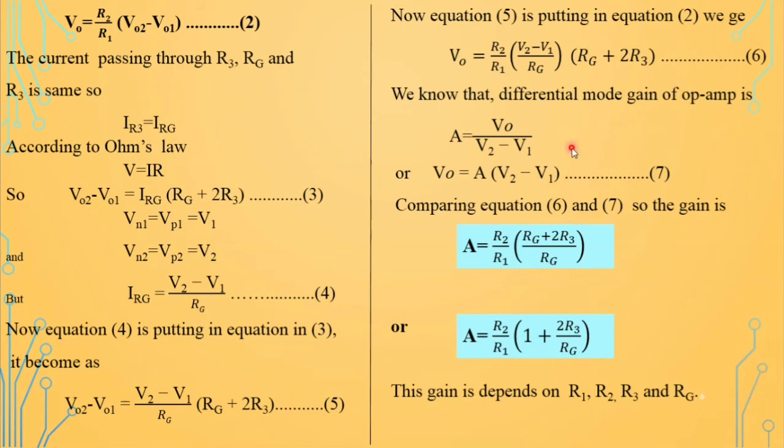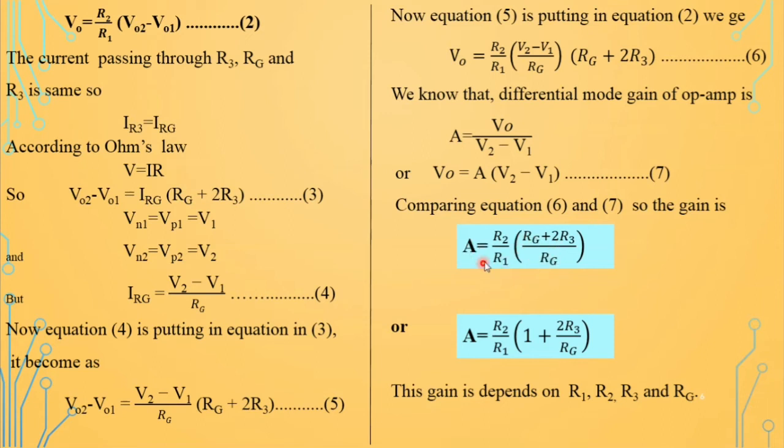We get that V2 minus V1 is common, and the remaining terms are related to A. So comparing equations 6 and 7, we get A is equal to R2 divided by R1, RG plus 2R3 divided by RG. So this is the gain.